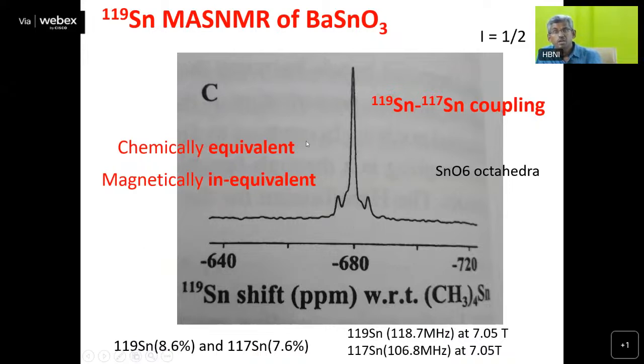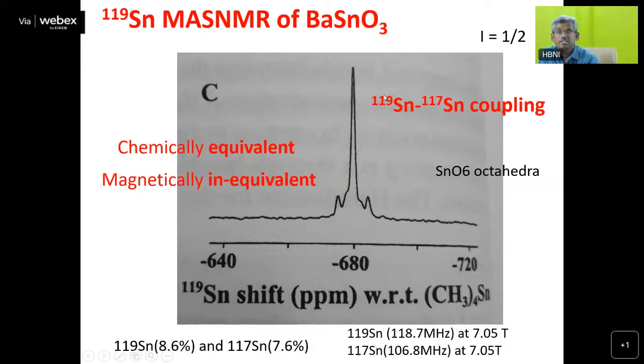So here also you can see the tin is chemically equivalent but not magnetically equivalent. Why magnetically not equivalent? Because they are entirely different isotopes, so gamma values are different. That is why this is called magnetically inequivalent. But chemically they are same. The environment around tin is same, because both of them have an octahedral configuration, SnO6 structural unit.